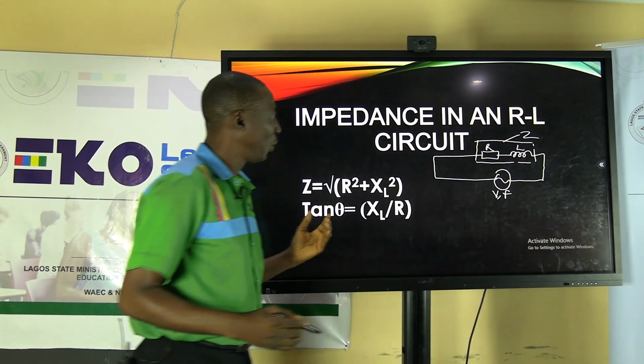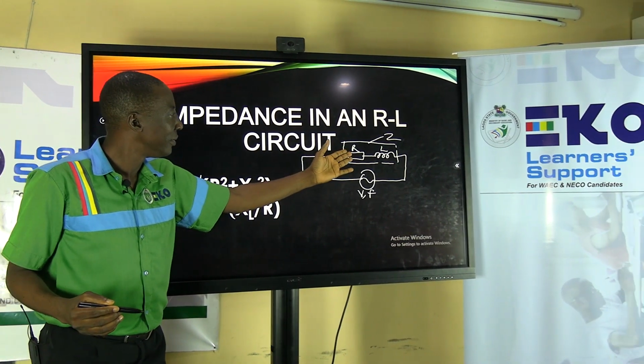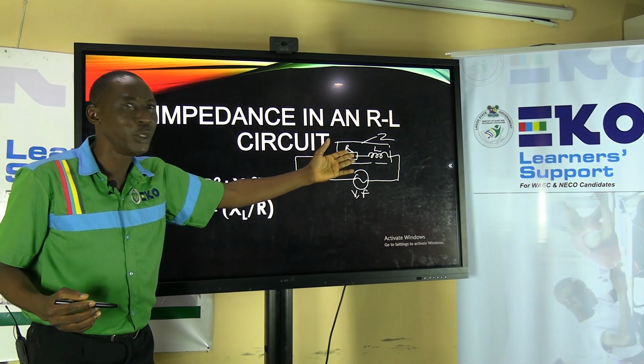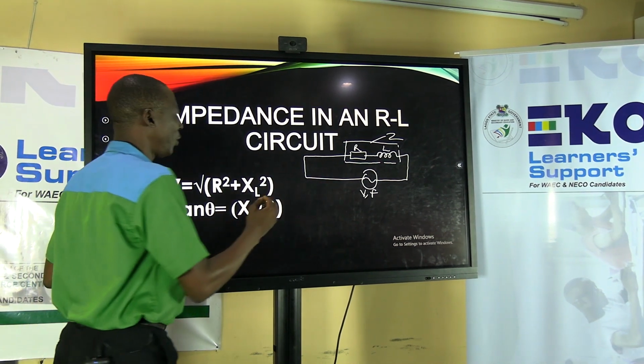You can see we have impedance, in which you have the resistance of the resistor and an inductor there. Two oppositions form impedance.